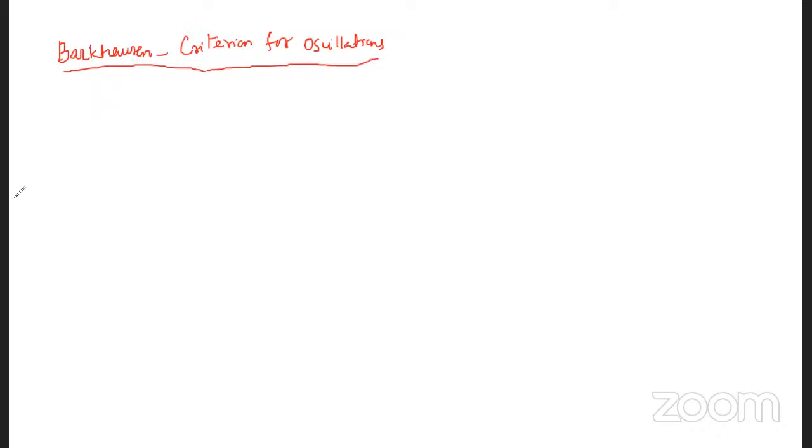Let me draw the circuit diagram here. This is an amplifier with gain, and we have a feedback network as well.